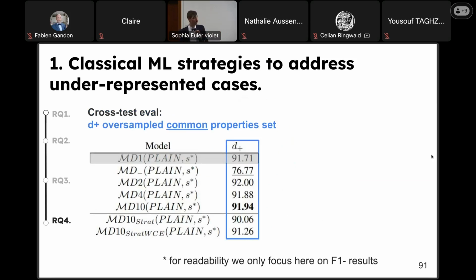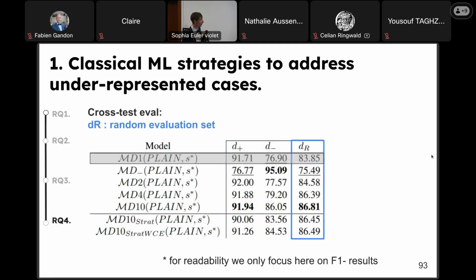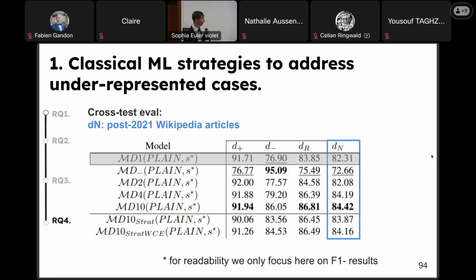And to compare these models, we use different test sets. The first one is oversampling and contains more common properties. The second set contains more rare properties. The third one is a random sample. And the last one contains only articles that were published after the BART pre-training.